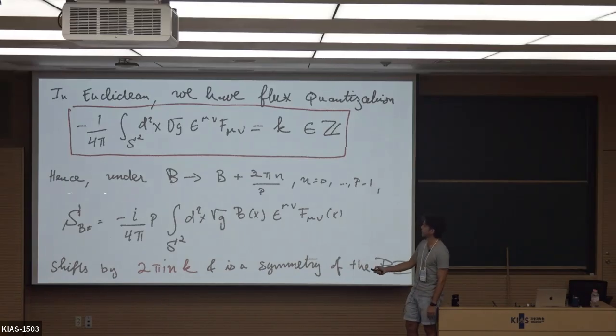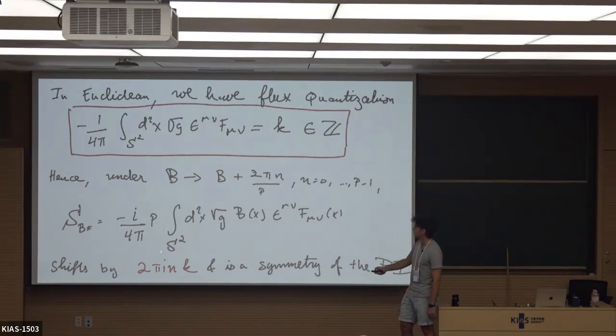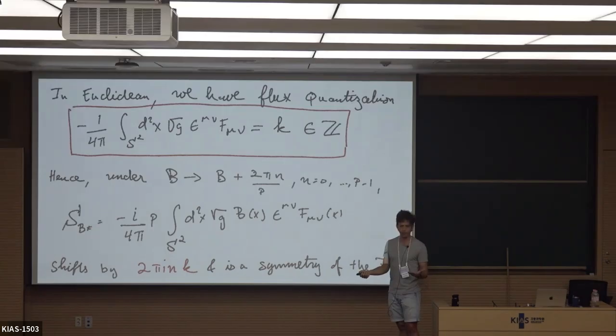And hence we immediately see that if I shift B by an integer n times 2 pi divided by P, then this action shifts by the following number, 2 pi i n k. So 2 pi i times an integer. So the action is not invariant under such a shift, but because we exponentiate the Euclidean action, the whole theory is invariant, right?